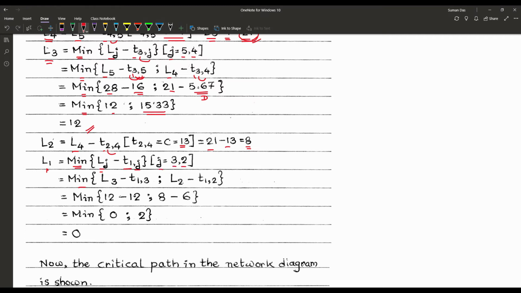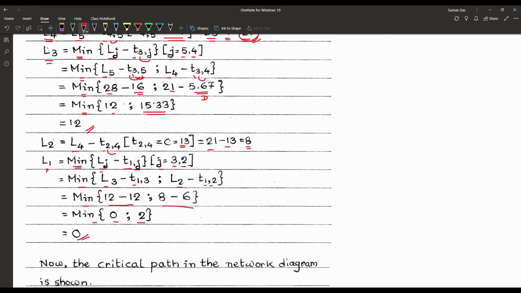So minimum of L3 minus T1 to 3 and L2 minus T1 to 2, and minimum of 12 minus 12 and 8 minus 6. So that is minimum of 0 and 2, and obviously the minimum is 0. So in that way we have already found L1 to L5 and E1 to E5.